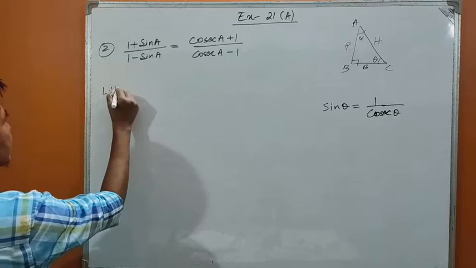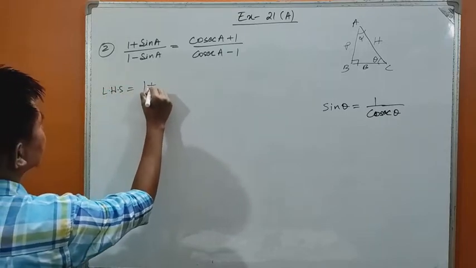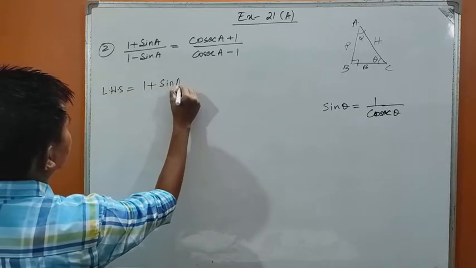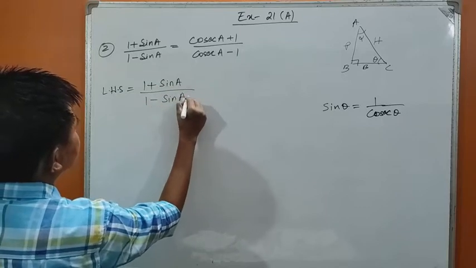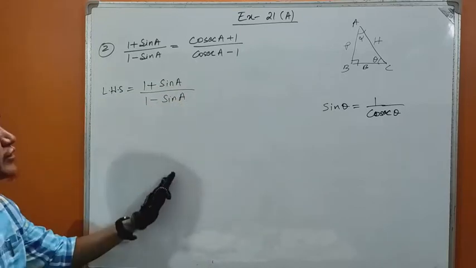Left hand side equals 1 plus sin a upon 1 minus sin a. We are going to use this formula and prove this.